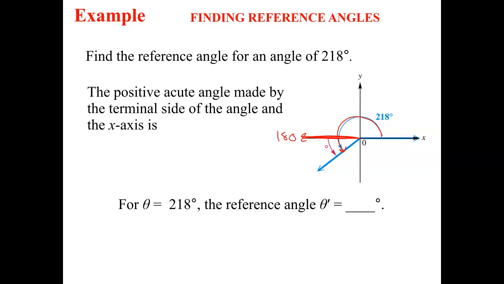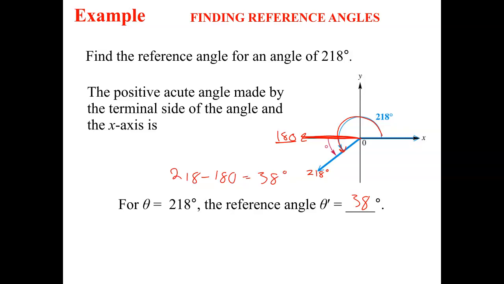So how would I find the difference between 180 and the 218 that I have in the rotation? Subtract it. What's 218 minus 180? 38 degrees. Yeah, actually. 218 minus 180 gives me the 38 degrees.